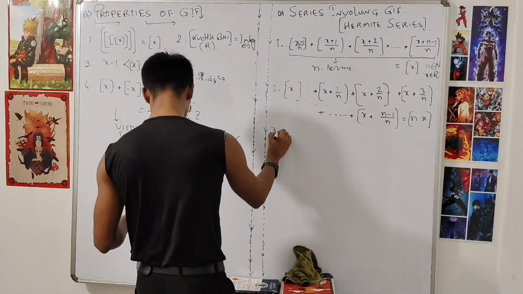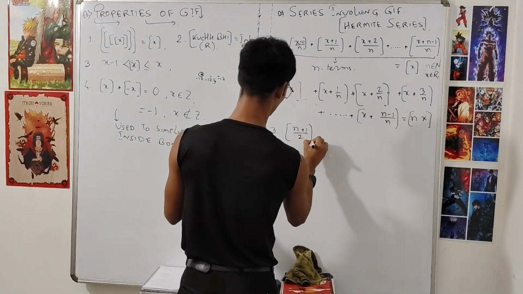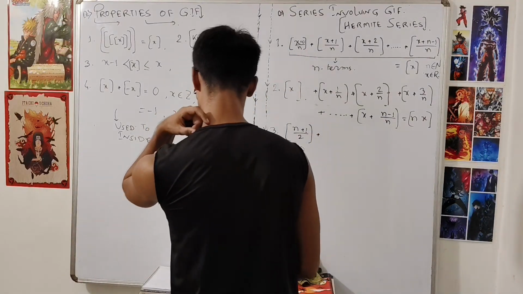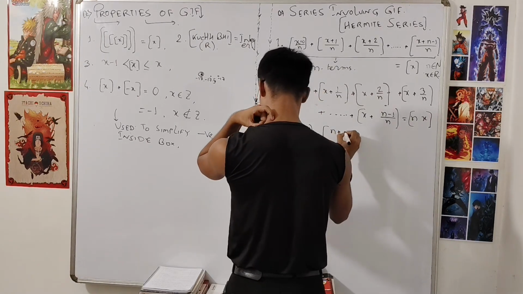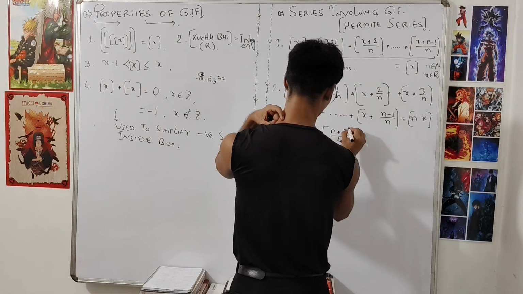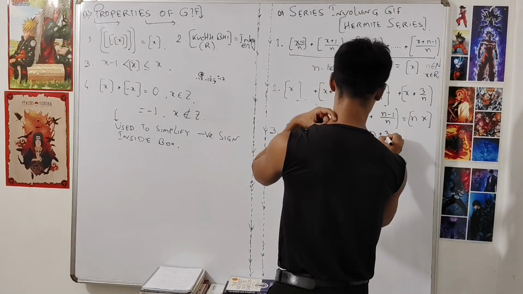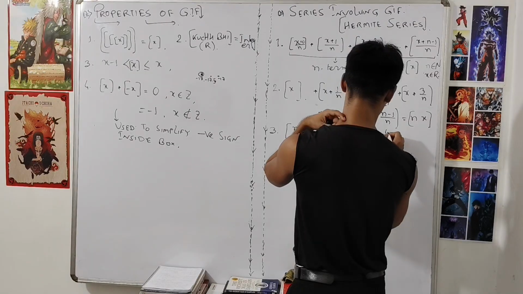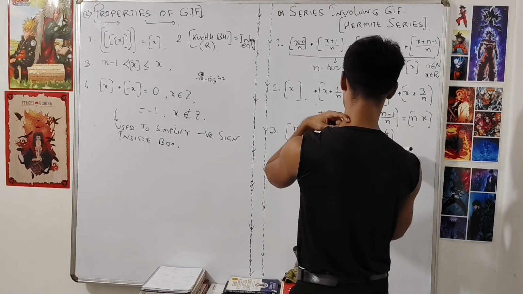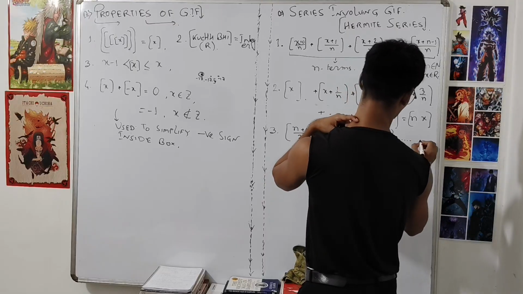Okay, now the third one is n plus 1 by 2, plus n plus 2 by 4, plus n plus 3 by 8, plus n plus 4 by 16, dot dot dot up to infinity.